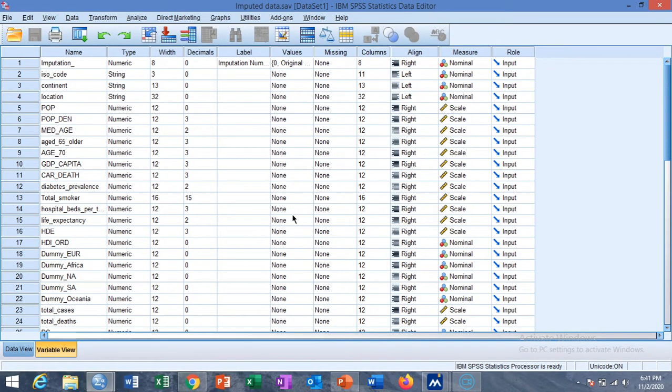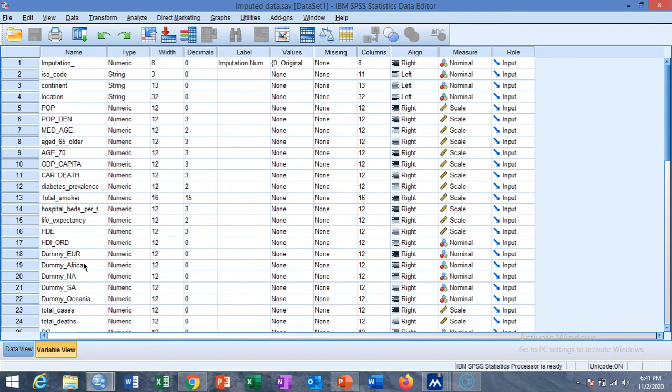the SPSS data on coronavirus disease. We have a lot of variables including population density, median age, HDI, and total cases, total death, and so on.